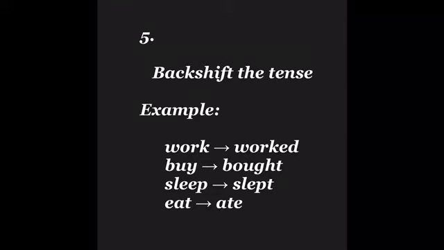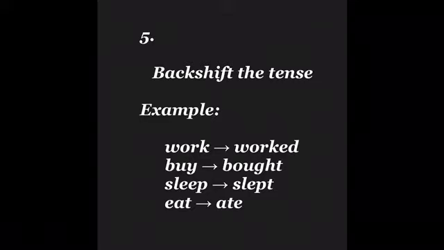Now let's discuss the next rule, which is to backshift the tense. This means that you must change the tense of the verb to past tense if it is in present tense. And if it is already in past tense, then you must change it to past participle.